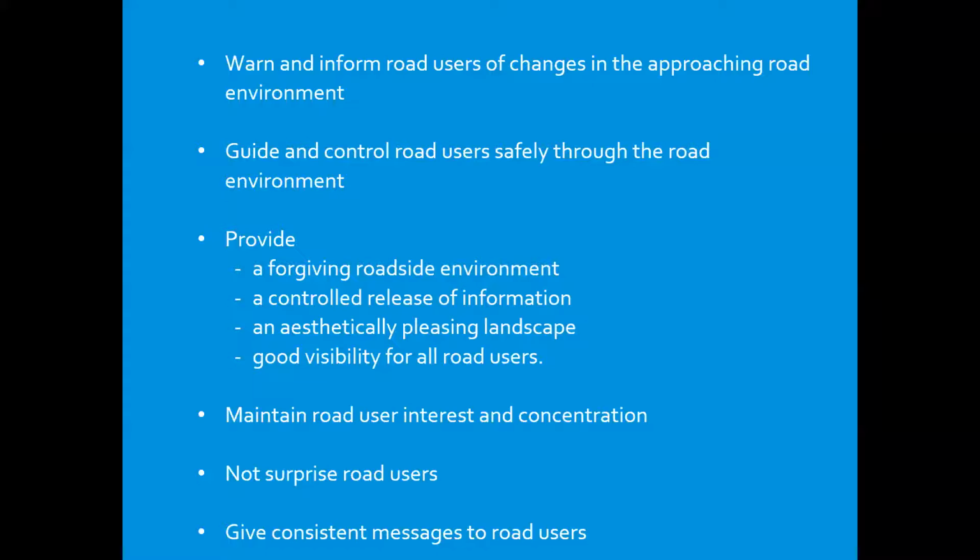High design standards might be expensive to provide. You may notice we have desirable factors and absolute minimum factors. However, the cost to society of road crashes and deaths often exceeds the total annual expenditure on roads.